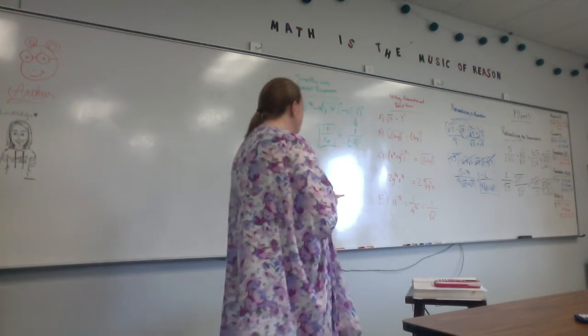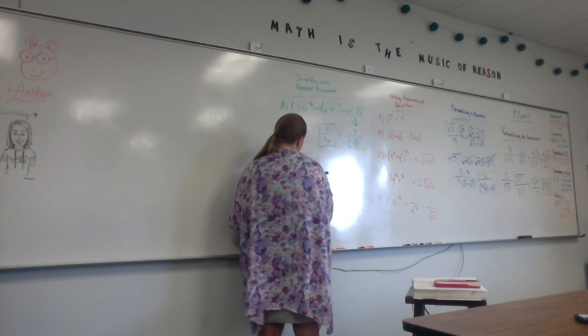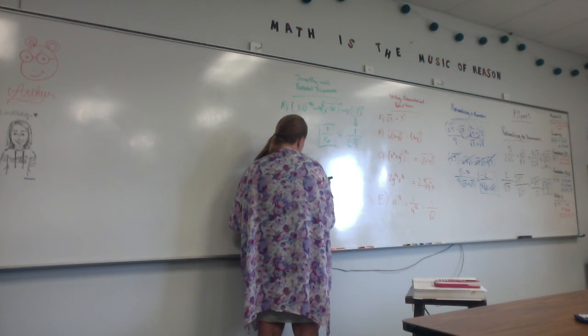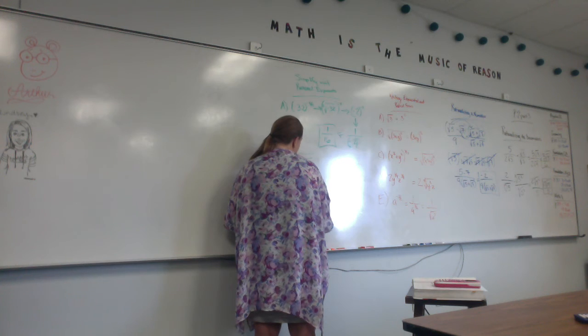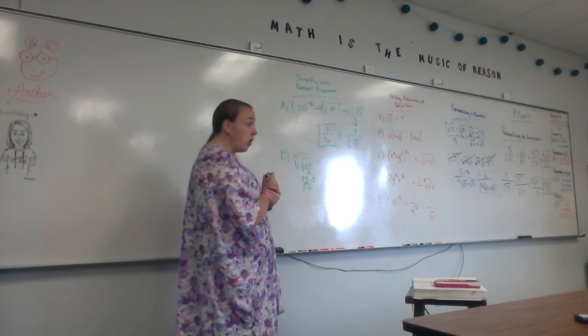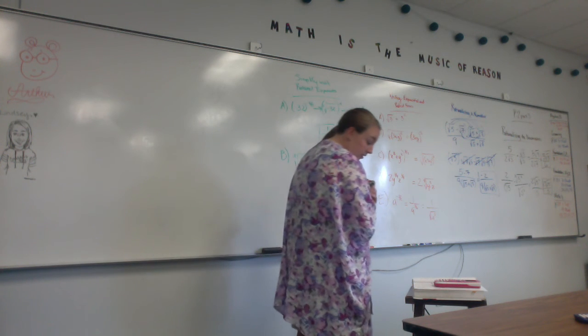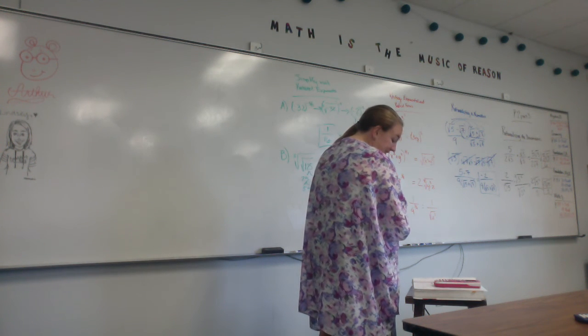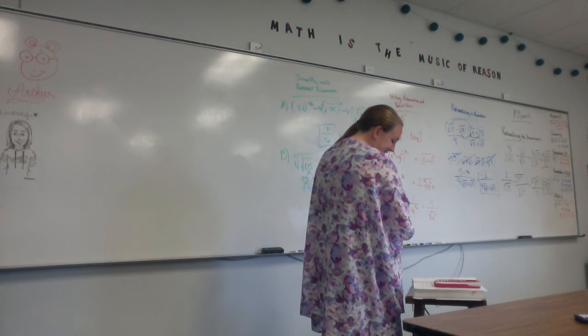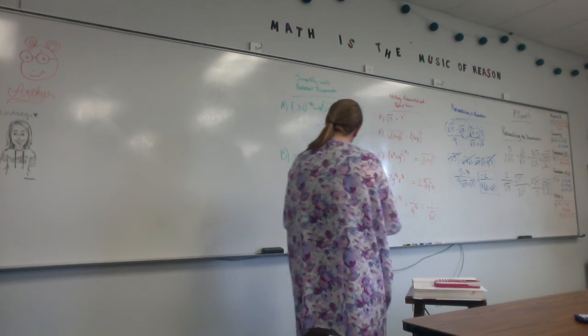But I do know that 125 can be broken down into 25 times 5, and 25 is 5 times 5, so it's technically 5 cubed. So what I can do is this.